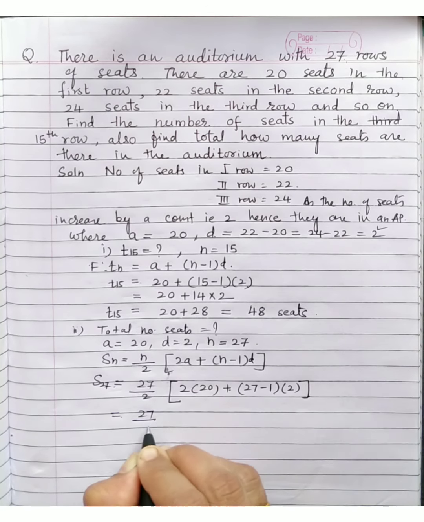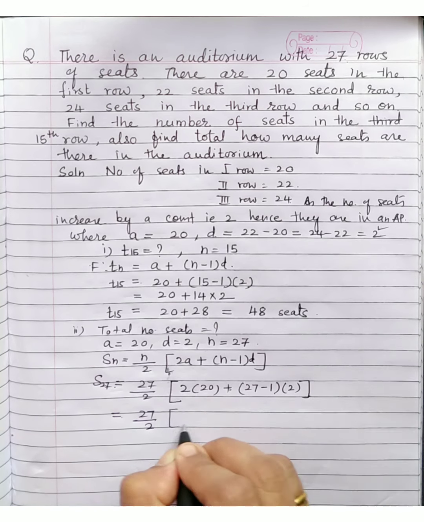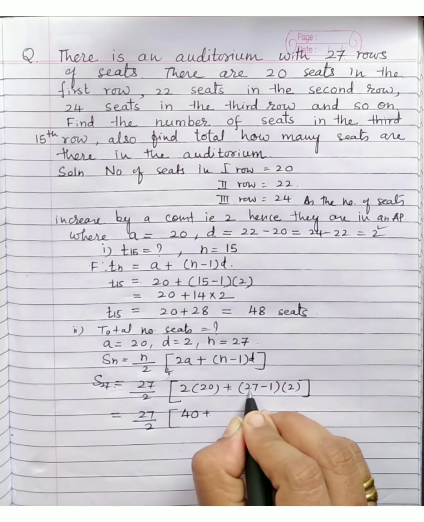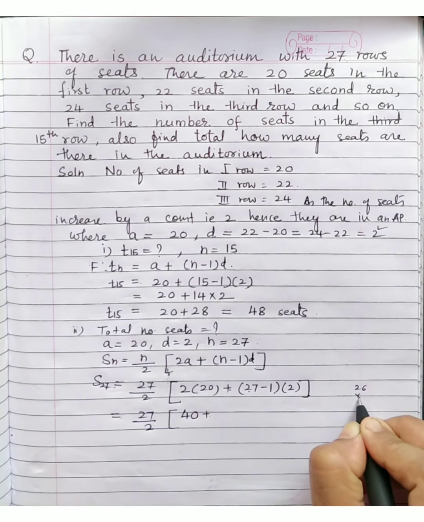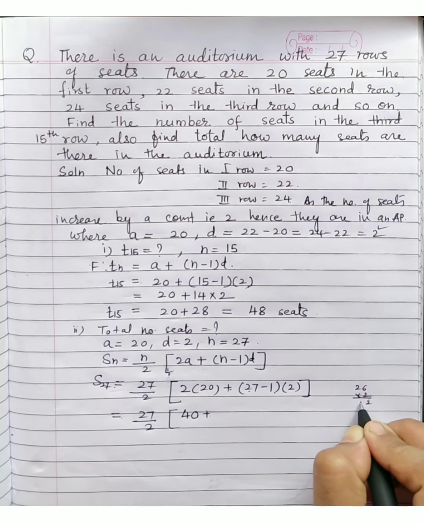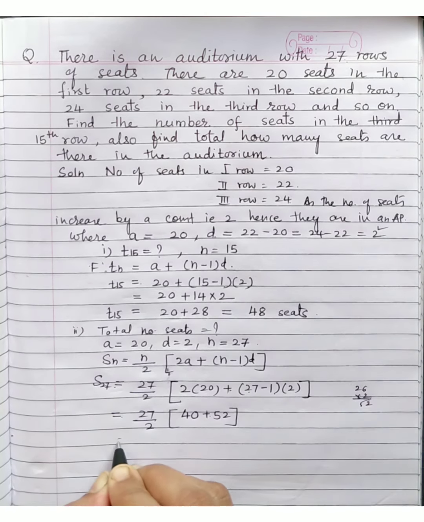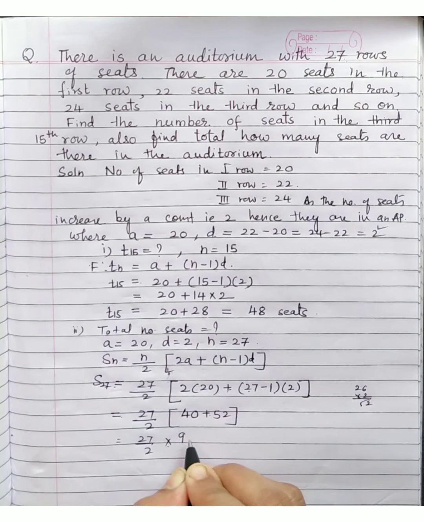So 27 upon 2, I am taking 2 common. If you don't want to, suppose I don't want to, then what will I be doing here? 40 plus 27 minus 1, what is that? 26. 26 multiplied by 2, 52. That comes as 27 upon 2 into 92.